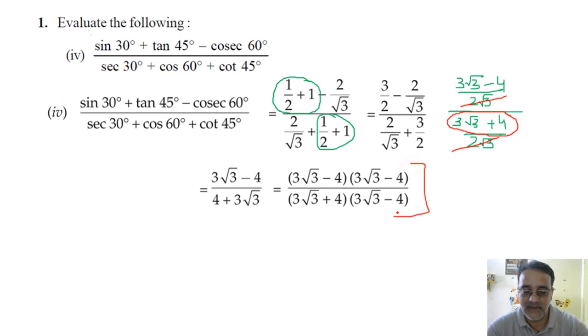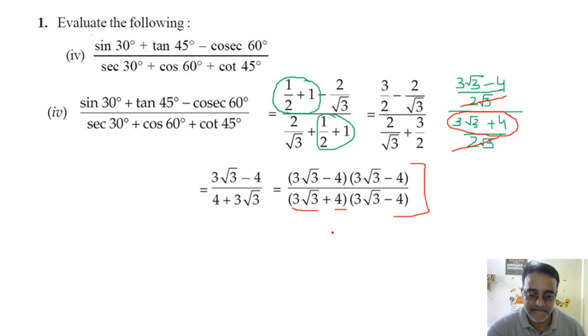Yes, sir. Okay. Now the denominator is in the form of a plus b into a minus b, so it will be a square minus b square. The numerator is in the form of a minus b whole square. Now what is 3 root 3 whole square? 27.